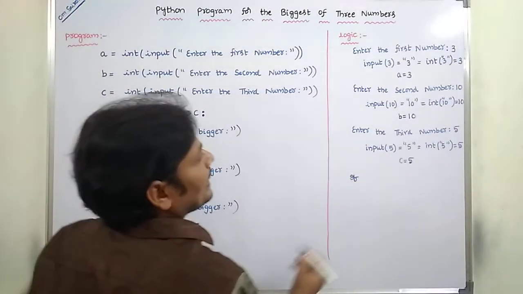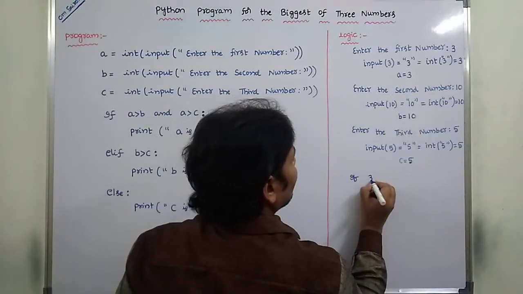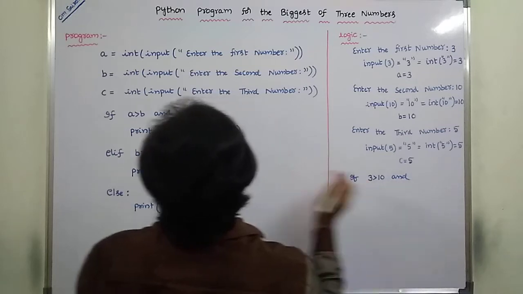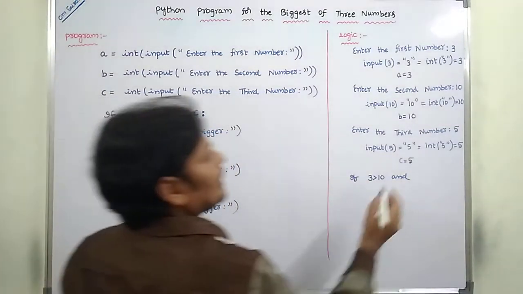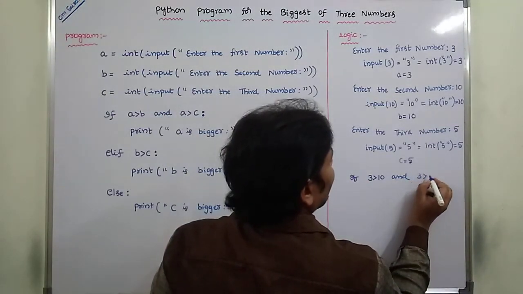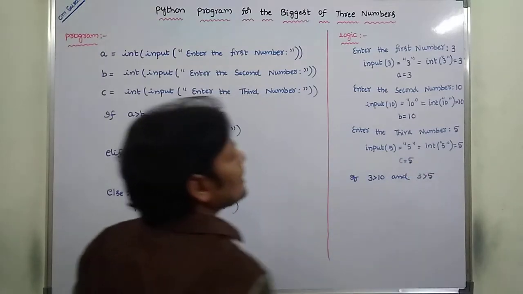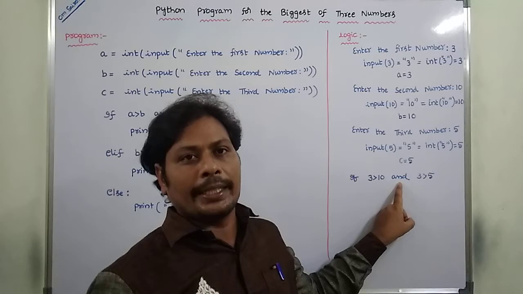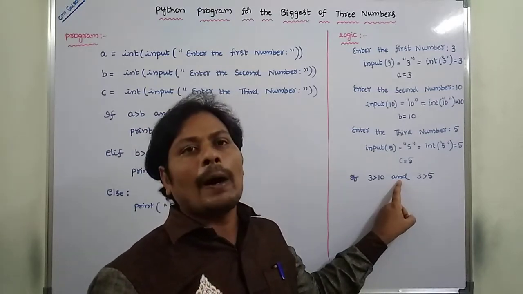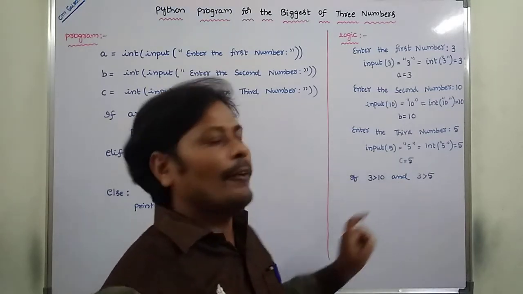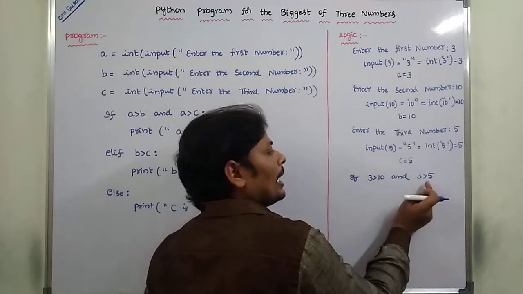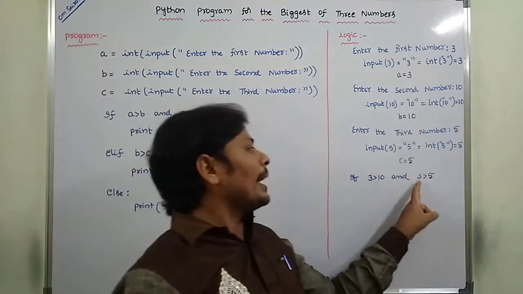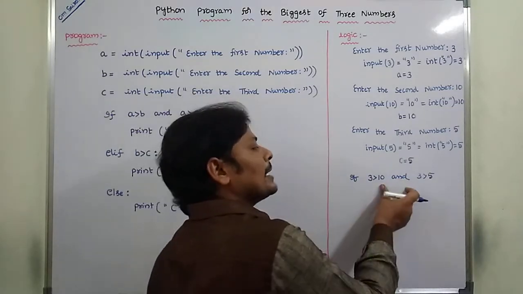If a greater than b, a value is 3, 3 greater than 10, and a greater than c, a value is 3, 3 greater than c value, which is 5. Here this is the logical AND operator. The logical AND operator is true whenever both conditions are true. If any one is false, the total is false.